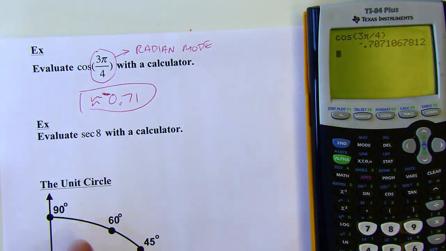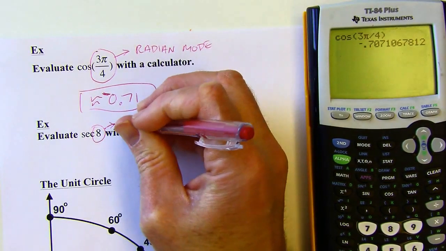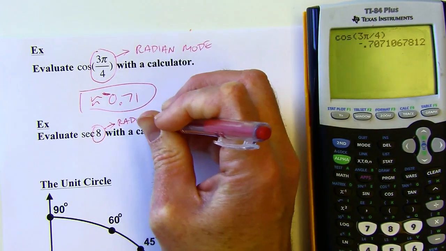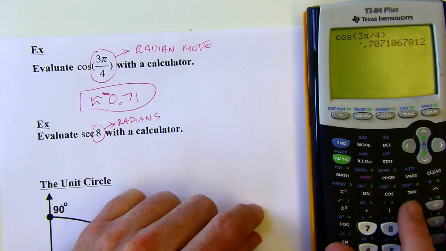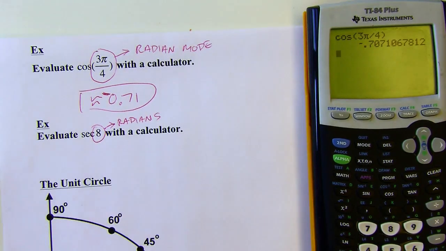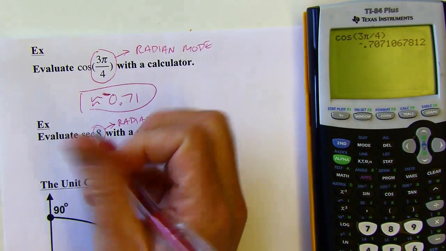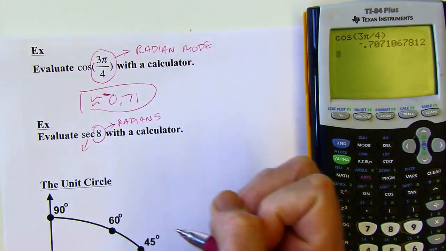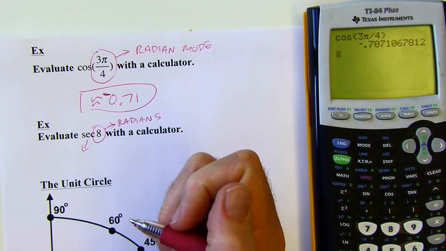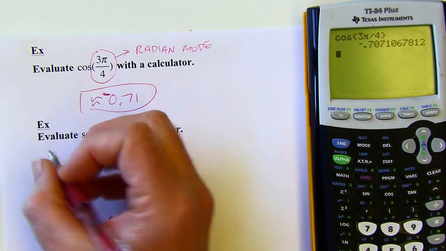So let's try the secant of 8. Again, this is radians. Okay. Now we don't have a secant button. There's sine, cosine, and tangent. So what I have to do with secant or any of the reciprocal functions is think, what is this the reciprocal of? It's a co-pair with something, right? Where one of them has to have a co. So it's going to be the reciprocal of a cosine.